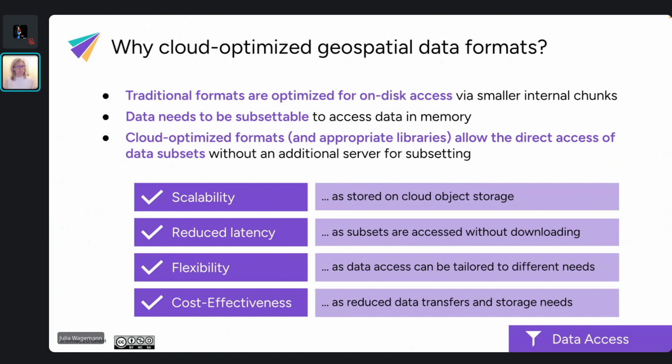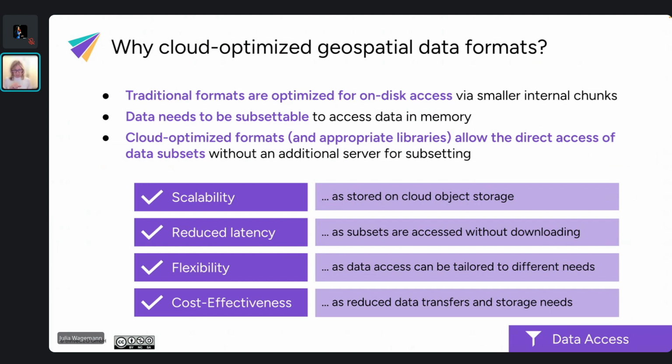So why can't we actually just use NetCDF or GeoTIFF on the cloud? These traditional formats are very efficient for on-disk access. They are very optimized for accessing data on the disk or for download via smaller internal chunks.